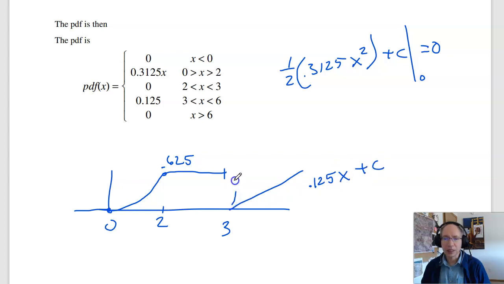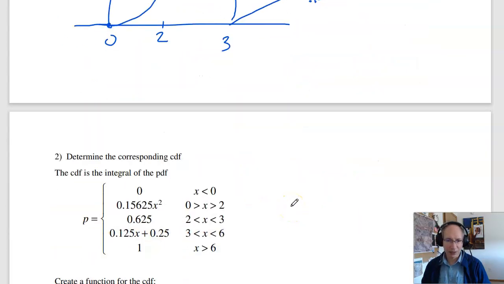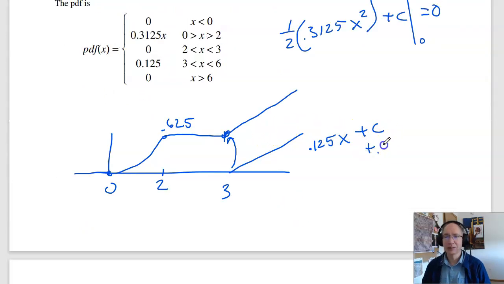What that constant does is it makes it a continuous function. It has to match up at 3. So plug in x equals 3, I've got to get 0.625, and that constant is 0.25. And then at 6, the integral of 0 is 0 plus a constant. Pick the constant to match up right here, and it turns out that constant is 1.